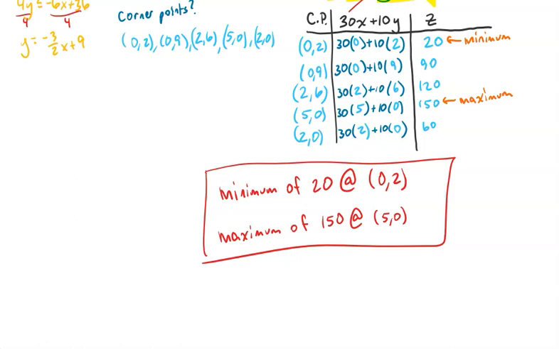Now, one thing to note is in the future, for this class, we're going to be focused on the maximum part. And we're going to stop brute forcing it like this because this is a lot of work. And not only is it a lot of work, but what happens if it's not an easy function to graph? What if these lines don't intersect at nice places?